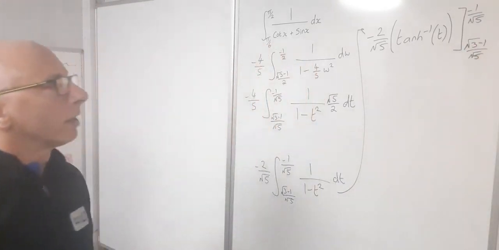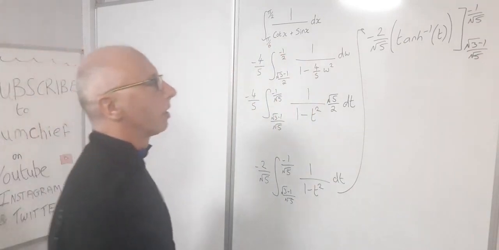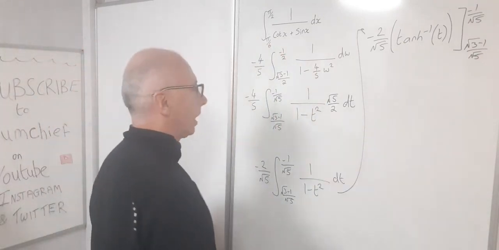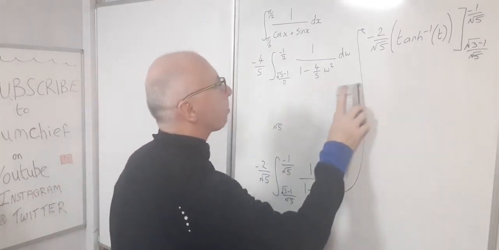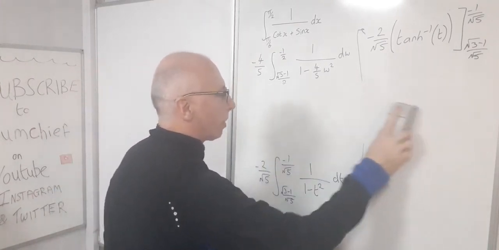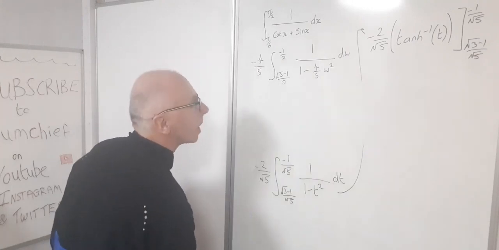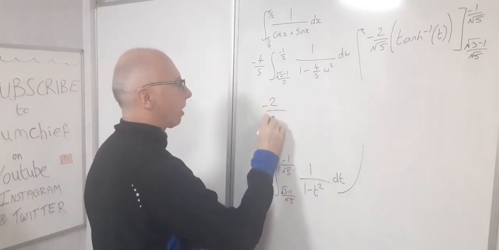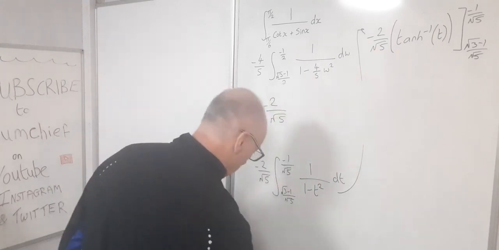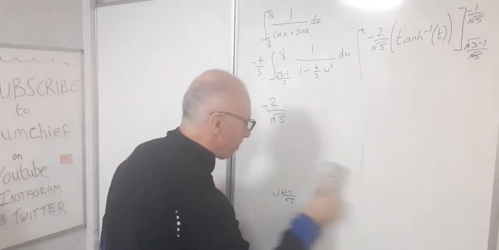Okay, so let's work that out. Actually, I'm going to take this off the board, give us a bit more space. We don't need this bit here now. I want this bit here to write my answer in. So now this is going to be minus 2 over square root of 5. Let's take this bit off as well. We've done that bit.